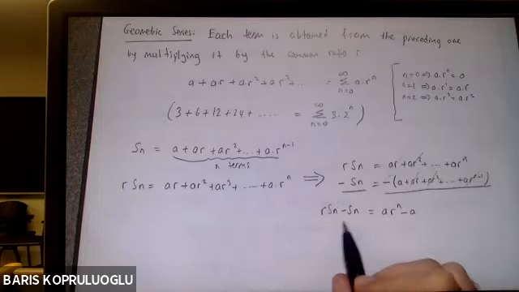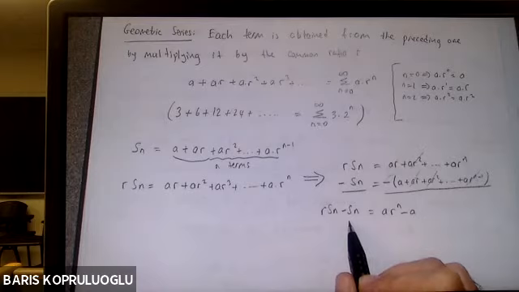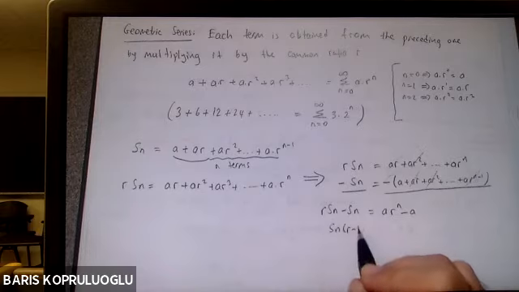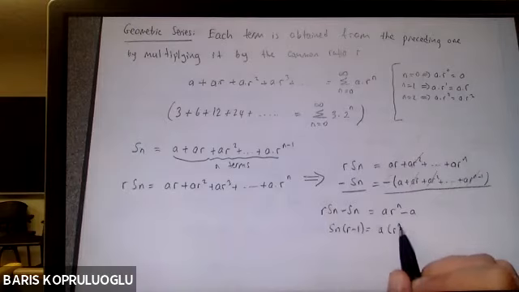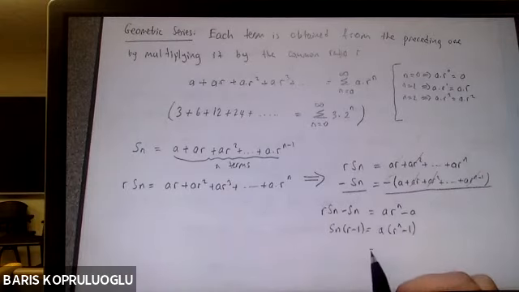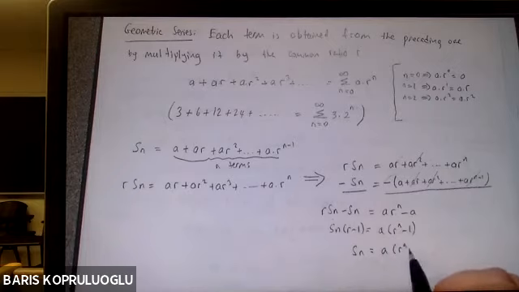So let's try to solve this equation for Sn. Obviously, Sn is the common factor here, and a is the common factor on the right-hand side. So Sn is going to be a times r to the power of n minus 1 over r minus 1.